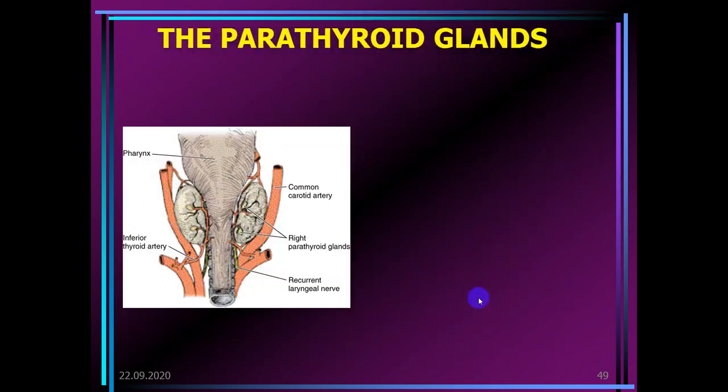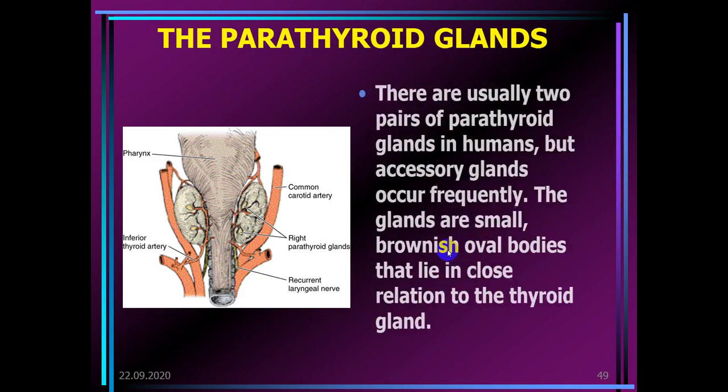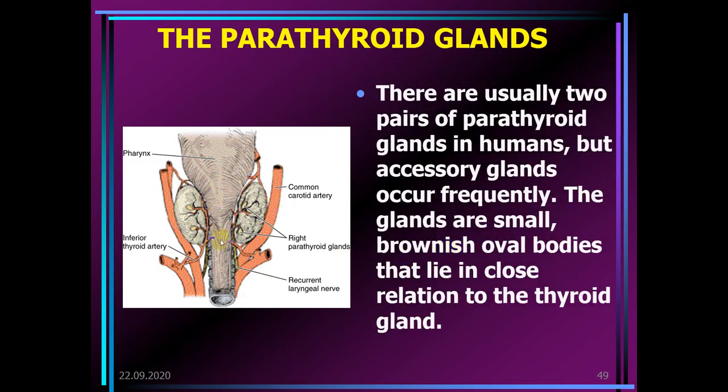Next, the peripheral endocrine gland is the parathyroid gland. These glands usually are numerous. As you see in the anatomic picture, they are located on the outer surface of the thyroid gland, in the laminas of the capsule of the thyroid gland.